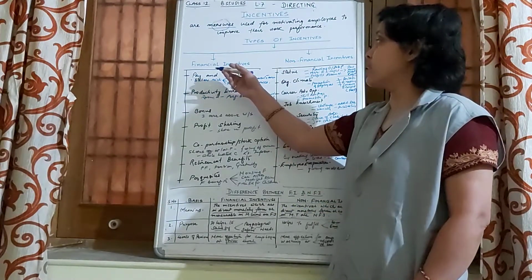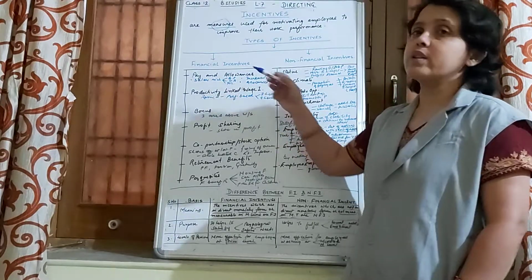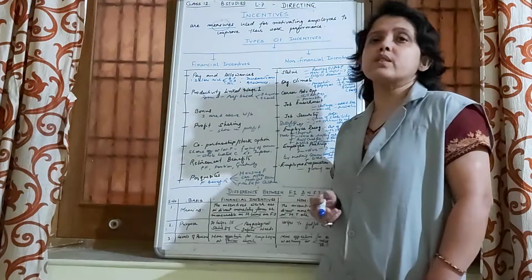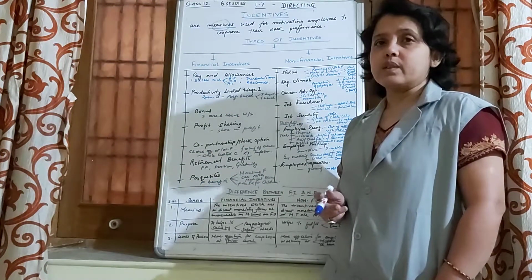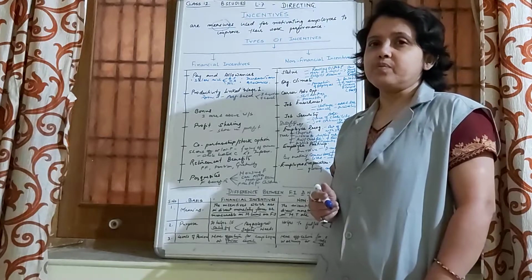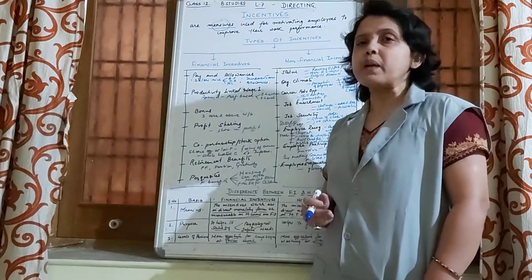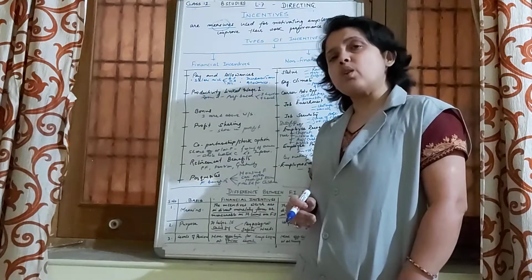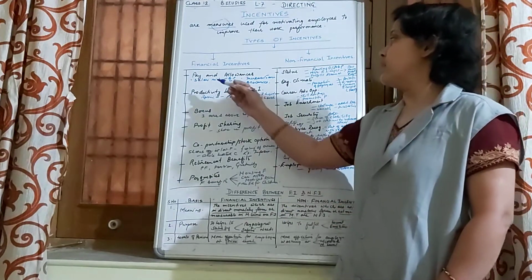Now when we talk about the types of financial incentive, the first is pay and allowances. Now we all know that each and every employee joins the organization to get pay. If a person works, he or she should be paid for the work which he or she is putting in the organization, and that pay is in the form of salary.